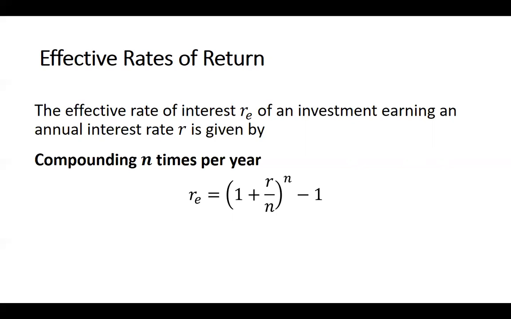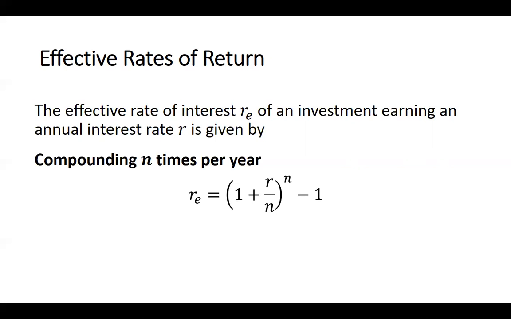Also, this formula looks very similar to our formula for future value when we were compounding n times per year. The difference is that we had A equal to P times 1 plus R over n, all raised to the nt, and we didn't have that minus 1 there.